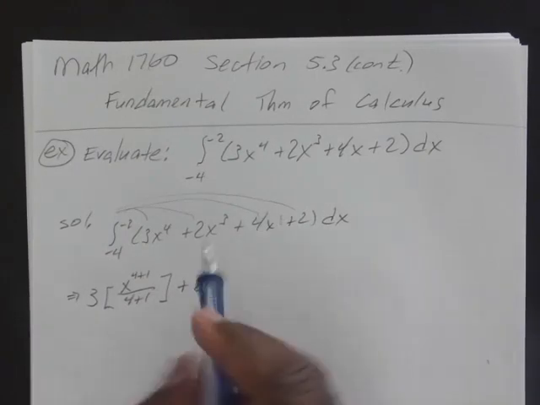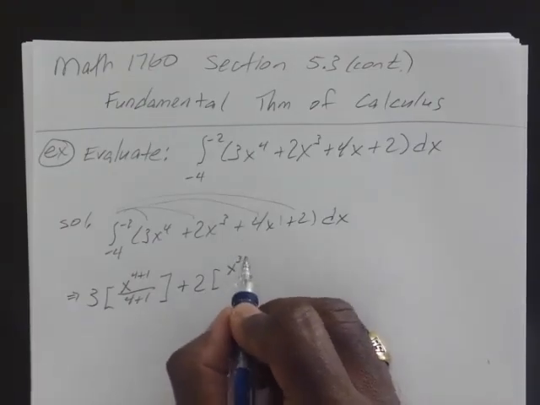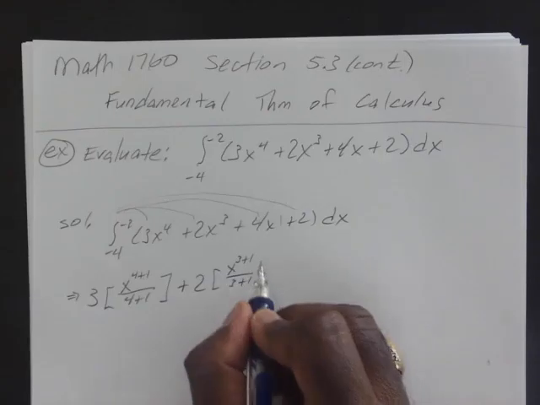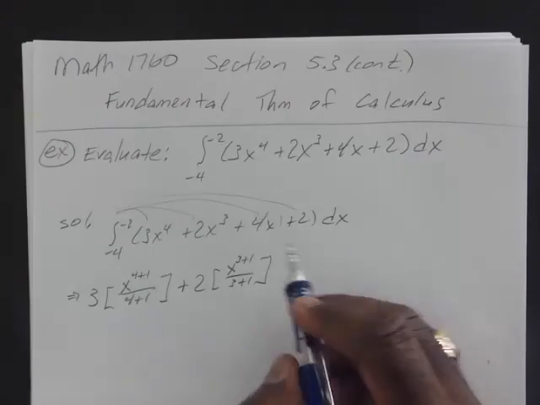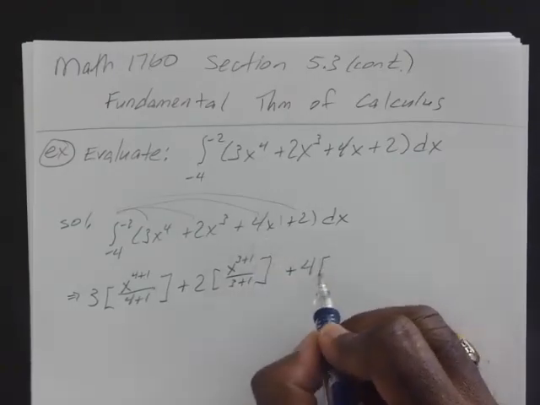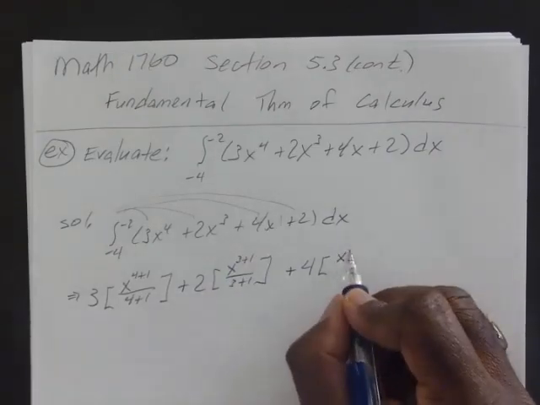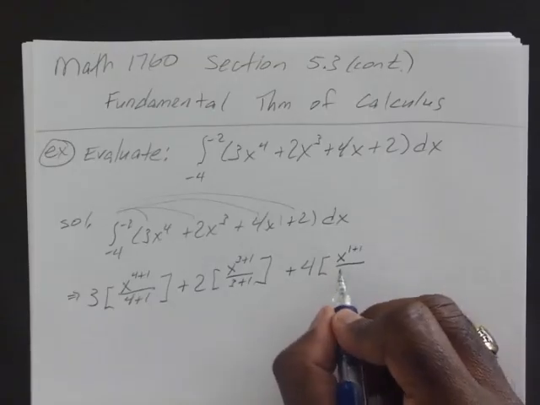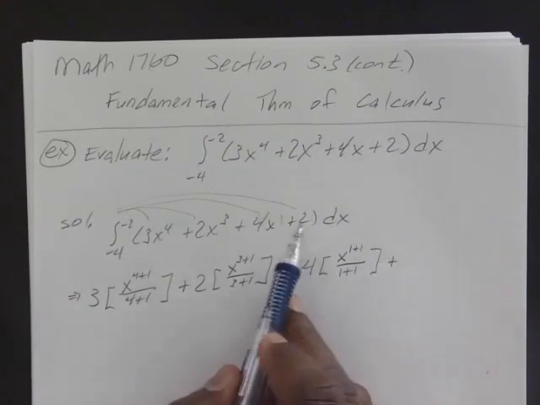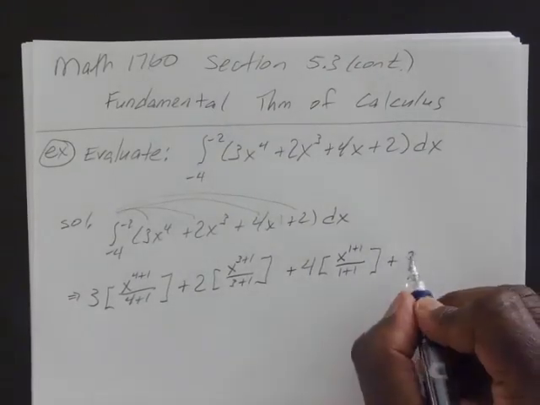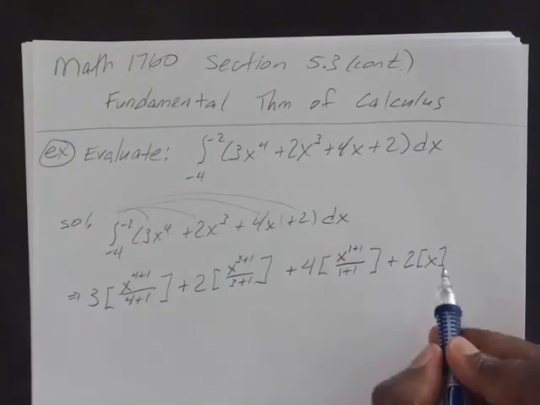Plus 2 times the integral of x to the third power, which is x to the 3 plus 1 power divided by 3 plus 1. Plus, go ahead and factor out that 4. The integral of x, or just x to the first power, is x to the first power plus 1 divided by 1 plus 1. Plus the integral of 2 is just 2x. And you don't really have to put the brackets there, but I did it anyway.